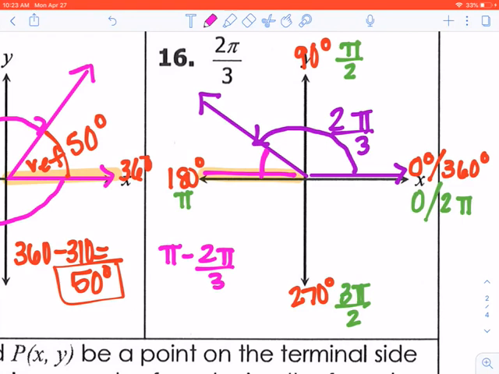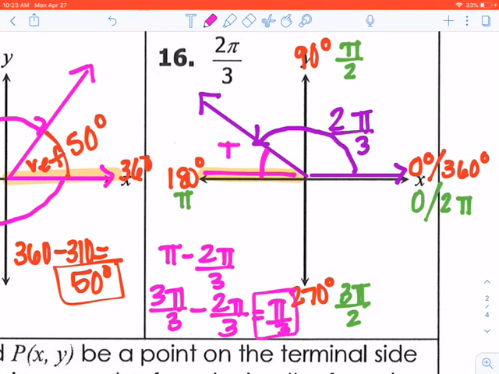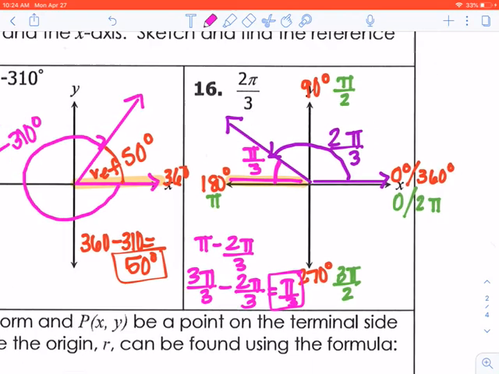So pi, with a common denominator, is 3 pi over 3 minus 2 pi over 3, and we get 1 pi over 3. So this angle here, my reference angle, is pi over 3. Again, reference angles are the angles created by the x-axis and only the x-axis. It's kind of like what's left over, what's needed to get to either the 0 degrees or the 180 degrees. Always.